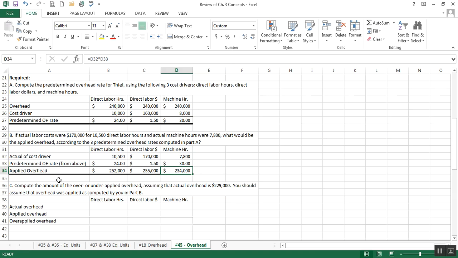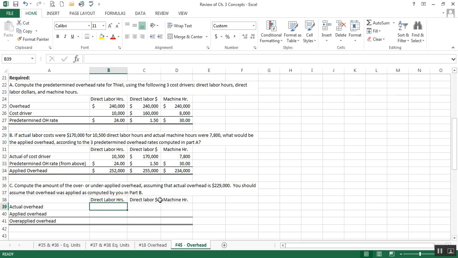So you can see that the applied overhead is going to be different based on the cost driver that we select. So as a company, we would choose the cost driver that is most relevant and is most related to how those overhead costs are being derived.